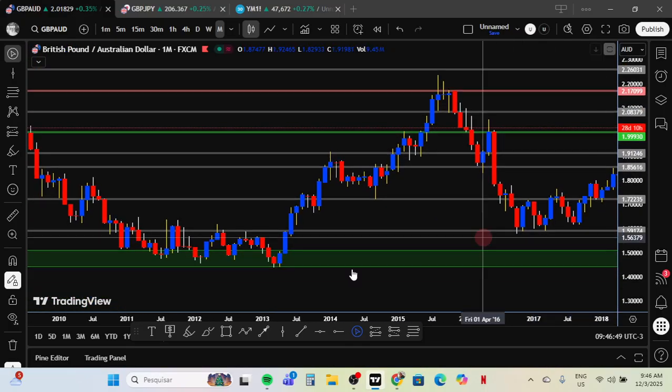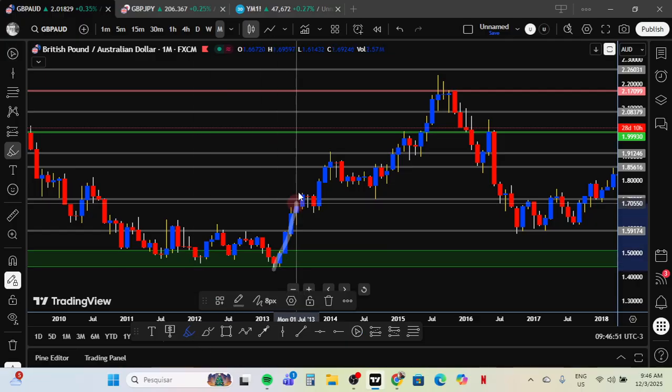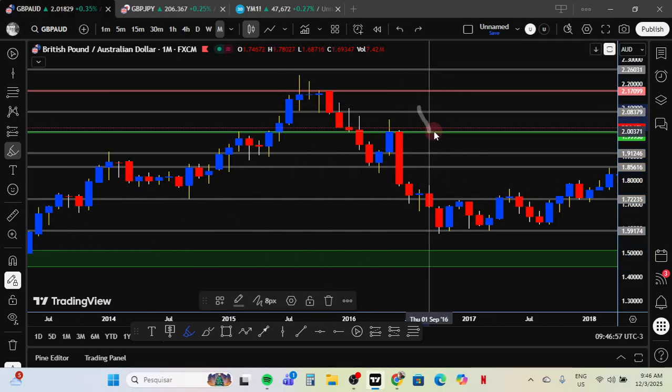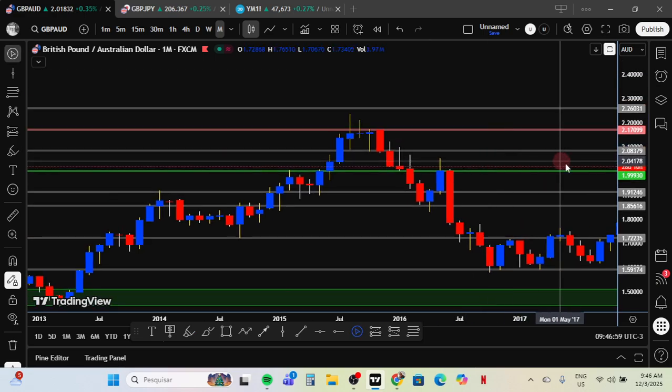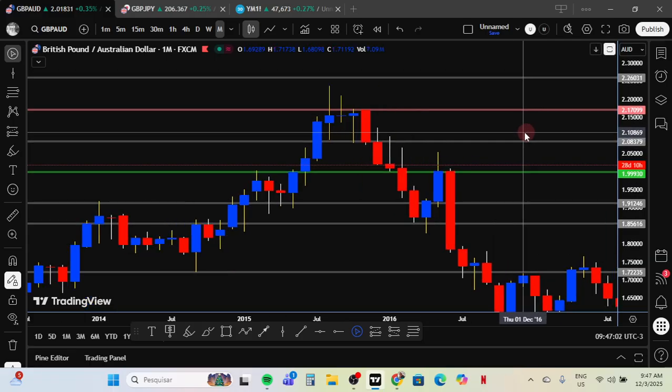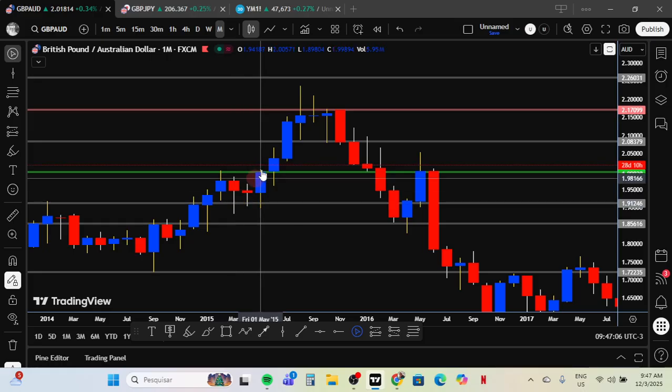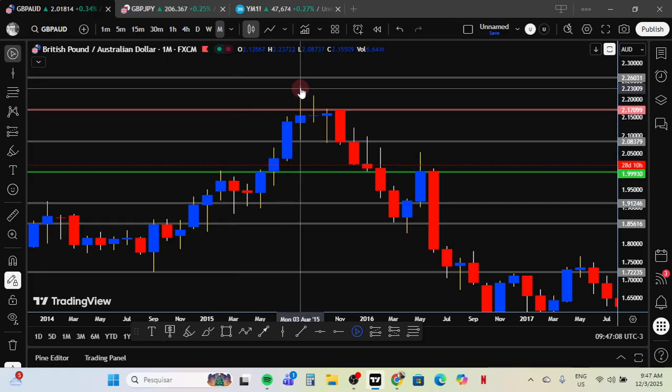So previously the market was trending to the upside. We can clearly see that, all right. After a very long uptrend right here, what happened? The market created what is called a high wave candle. After a long uptrend, a high wave candle formed.